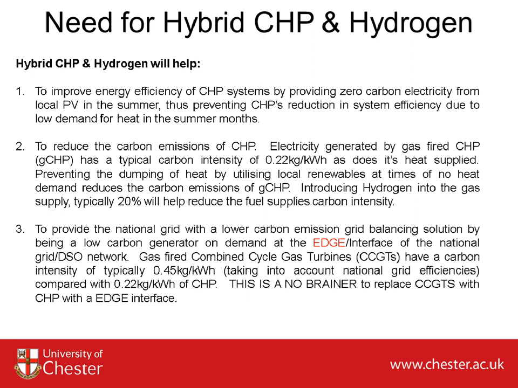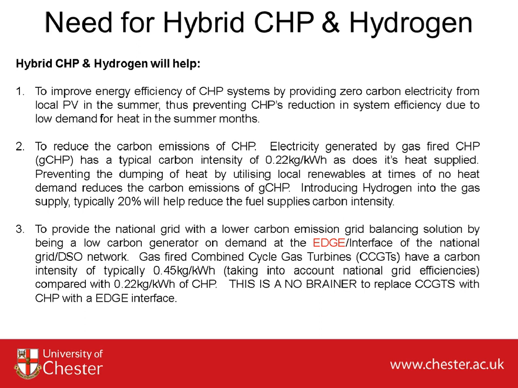And at the same time, we can introduce a new vector of carbon-free electricity from PV. So CHPV, as I call it, would appear to me to be a marriage made upstairs, and we should be using it as a normal way in the UK.